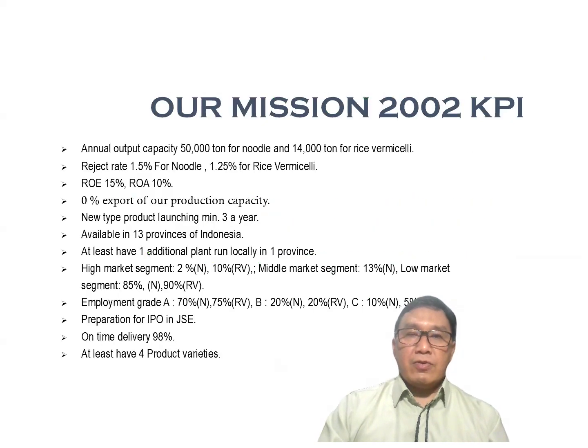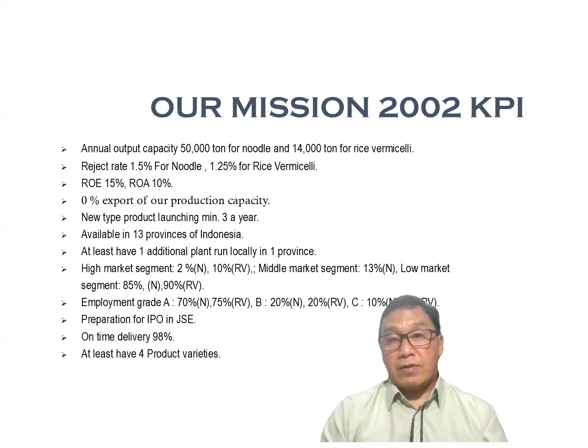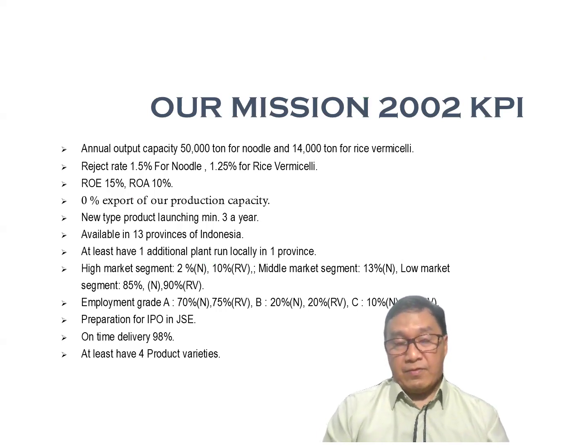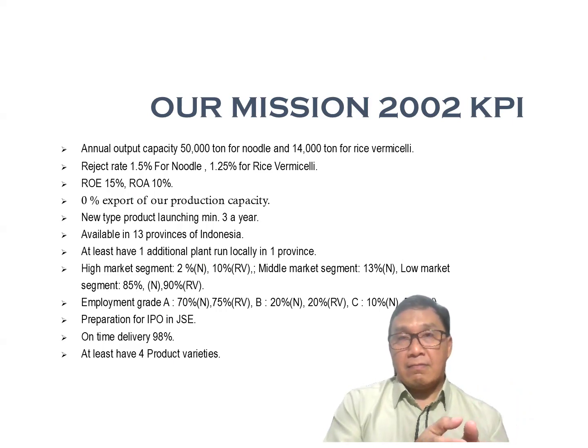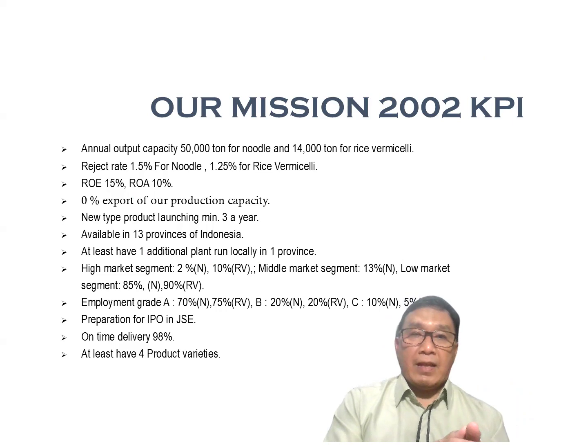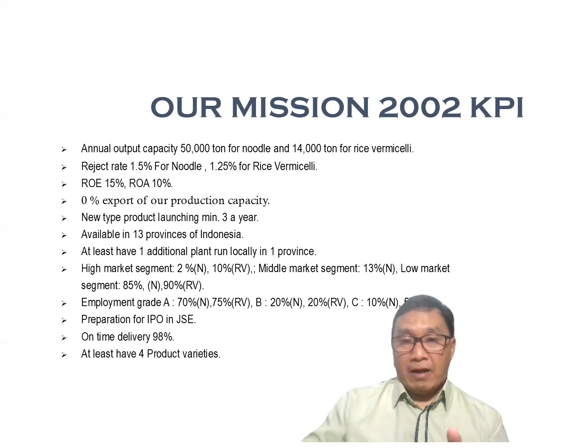And they also have the KPI for 2002. So imagine again, this file was made in the late 90s, in 98 or 99, and they will apply it in the year 2000. They have a vision and KPIs for another 10 years.